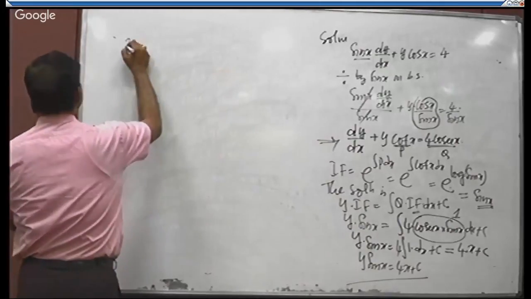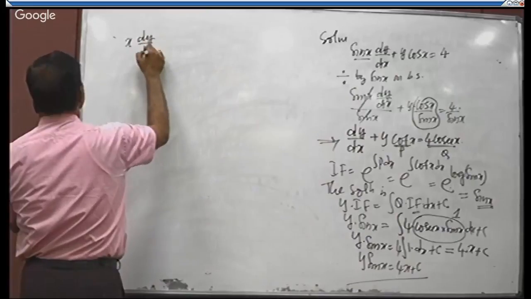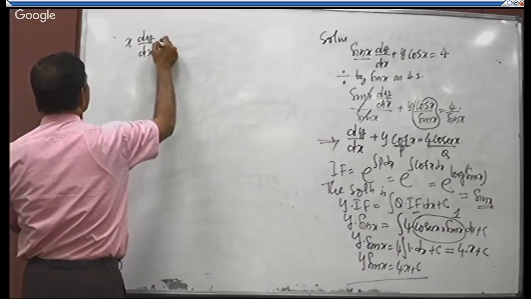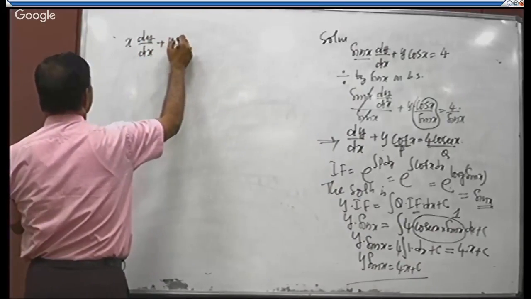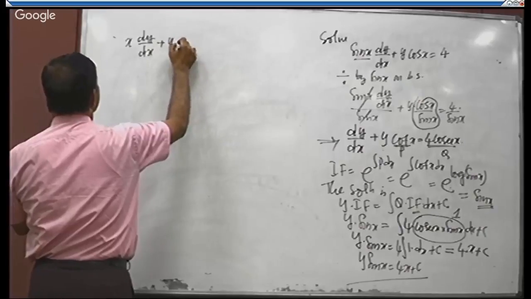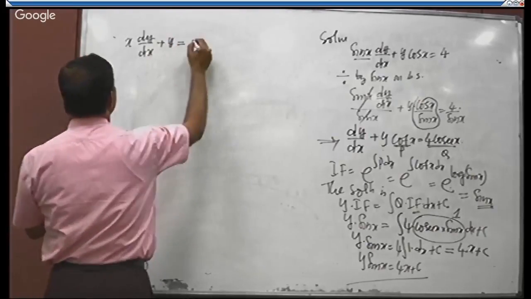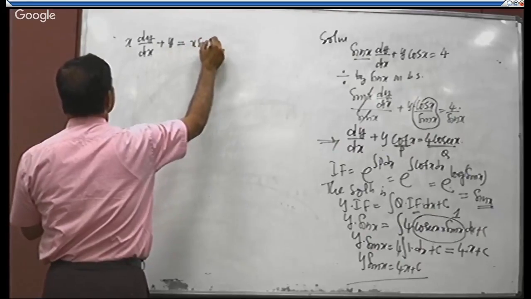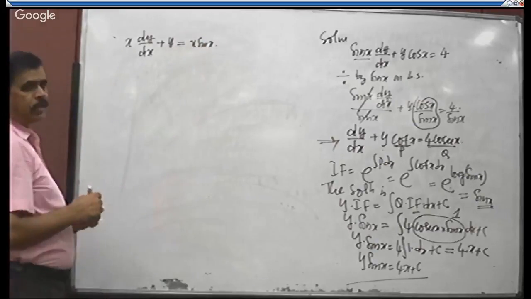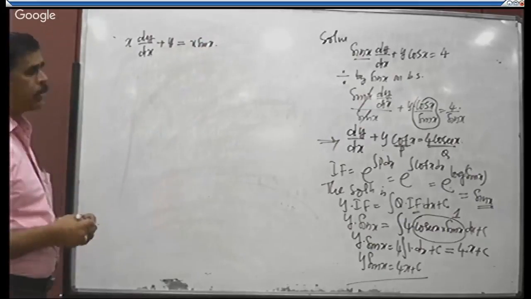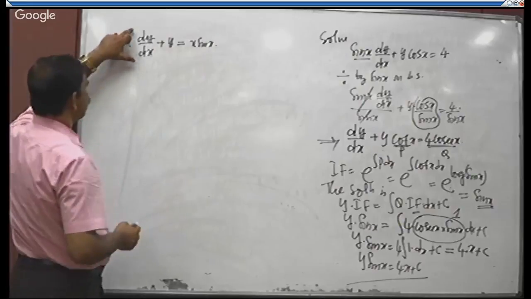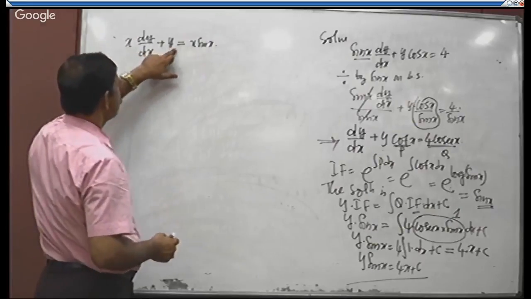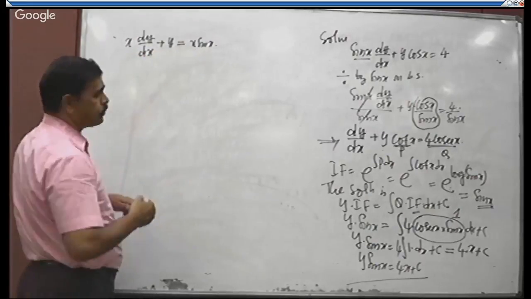Next one, x into dy by dx plus y is equal to x sin x. Right? X dy by dx plus y is equal to x into sin x.